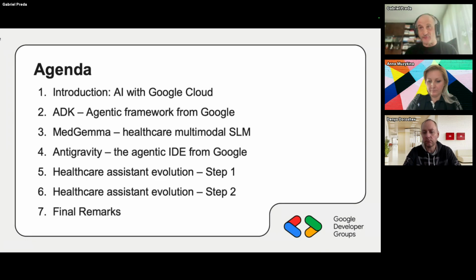And the core of the presentation is about two things. First, it's about MedGemma, a model derived from the Gemma series, which started with Gemma 3 and the first edition of MedGemma.